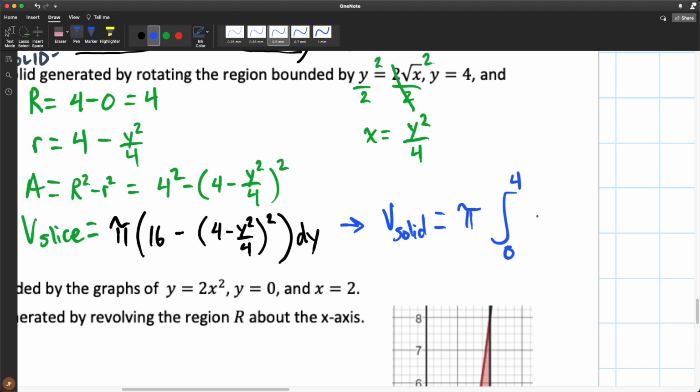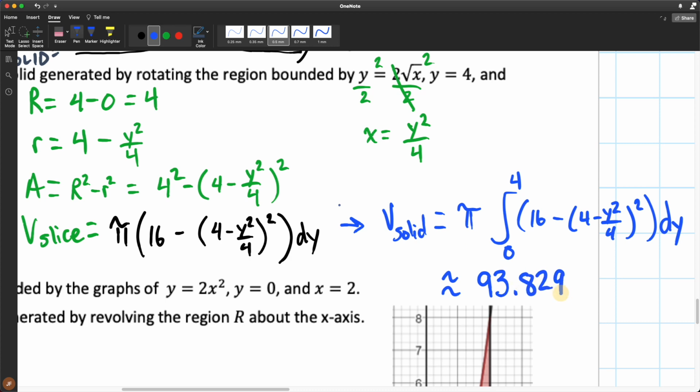And let's put our difference of our squares on the inside. And if you put that in your calculator, round to the nearest thousandth, we should get 93.829 for the volume of that solid of revolution. All right, beautiful.